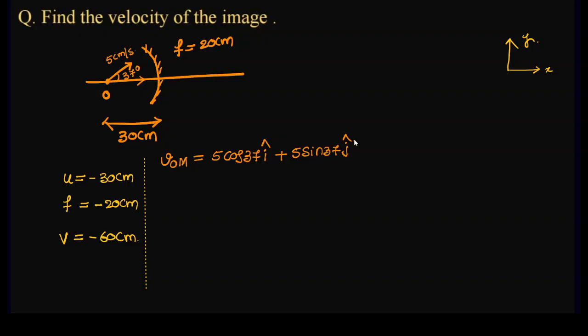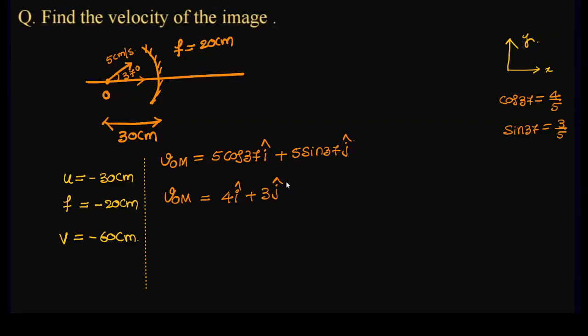Now cos 37 value is 4 by 5, remember this, it is helpful, and sine 37 value is 3 by 5. So velocity of object with respect to mirror will come as 4i cap plus 3j cap.